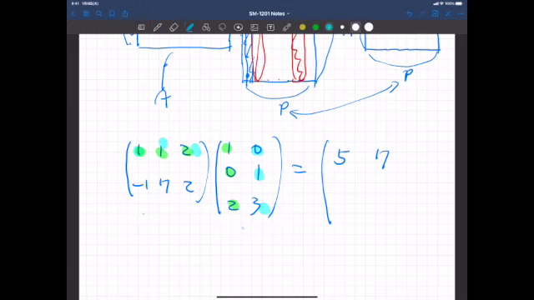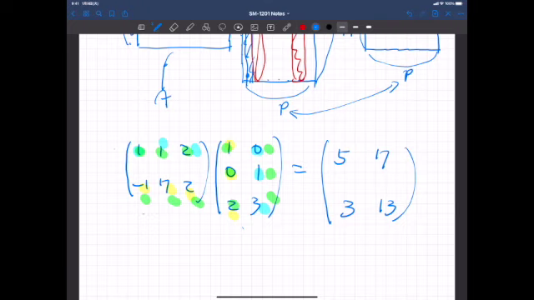And then we multiply this times this, this times this, this times this, and add them all, and the result is 3. And then we multiply this times this, this times this, this times this, and add them all, and we get 13. So we have a 2 by 2 matrix as a result.